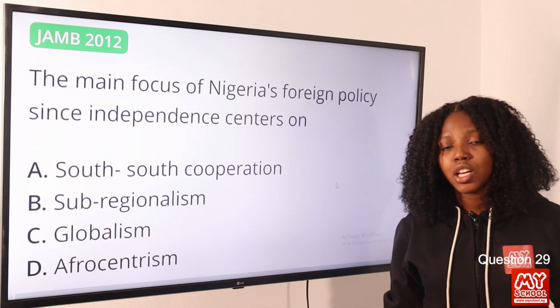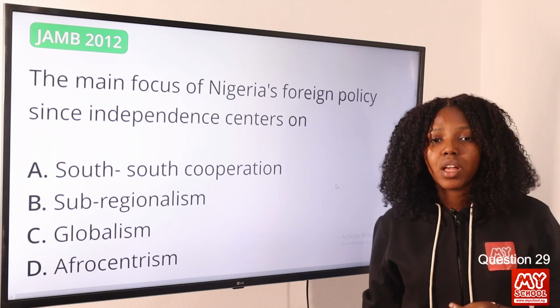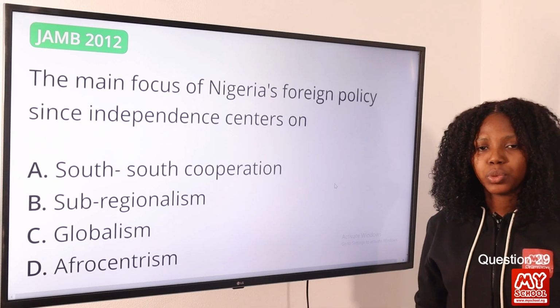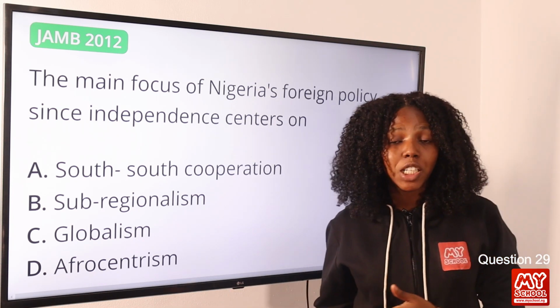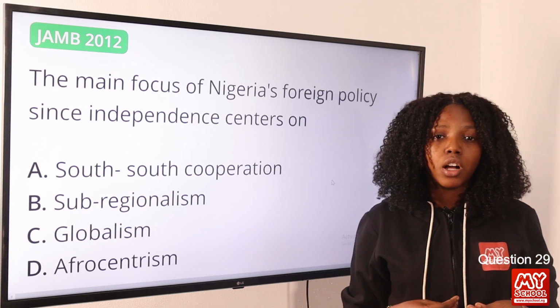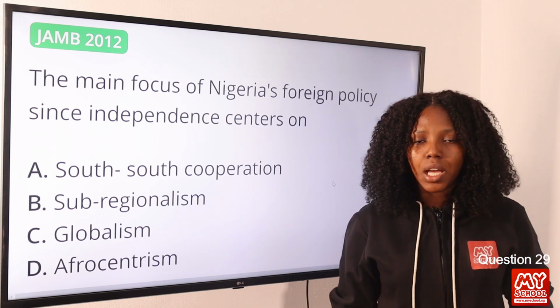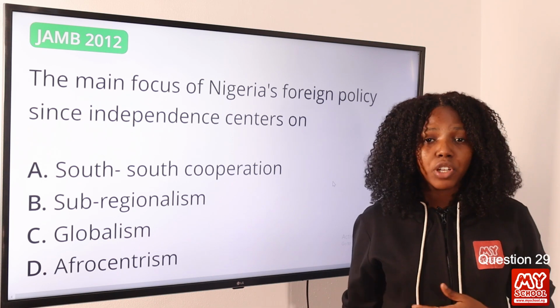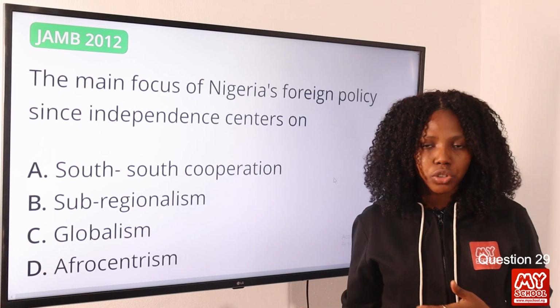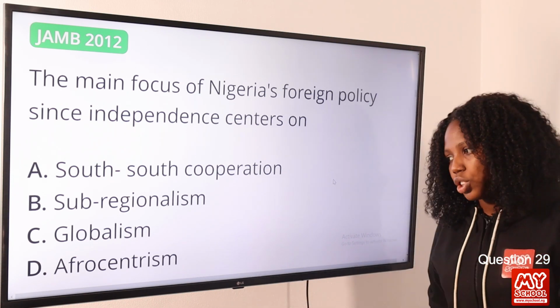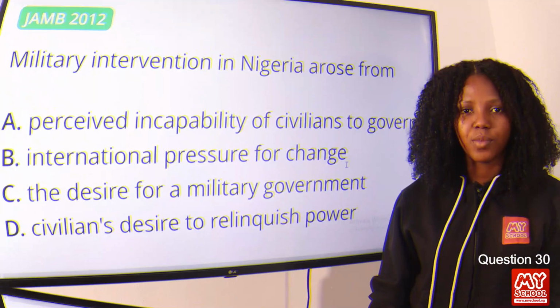And we could see that during the independence period and afterwards, Nigeria supported the fight against apartheid, the struggle against colonialism, and we see them promoting the African culture, the African tradition and the African history. So the answer to this question is option D, Afrocentrism.